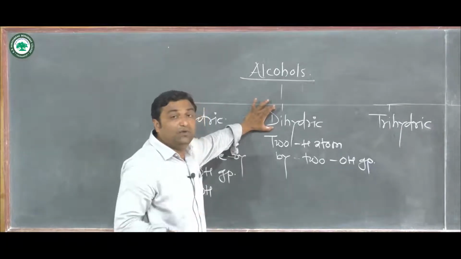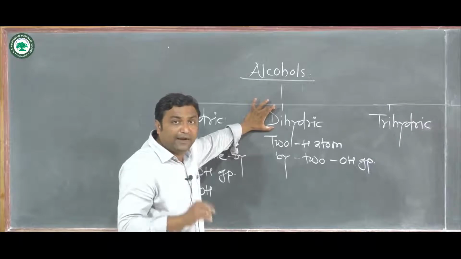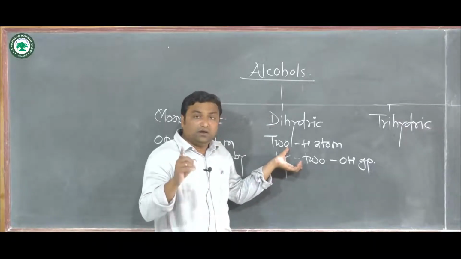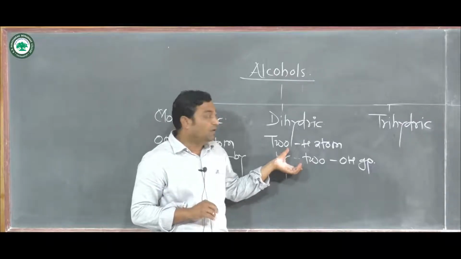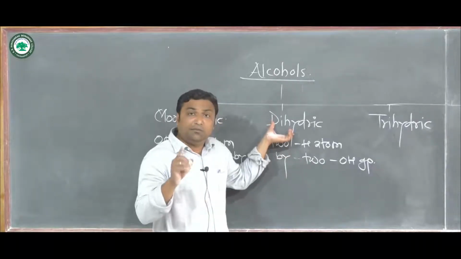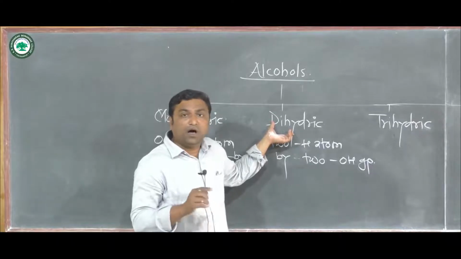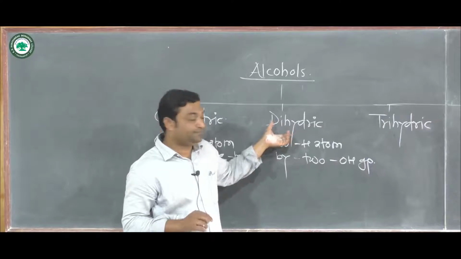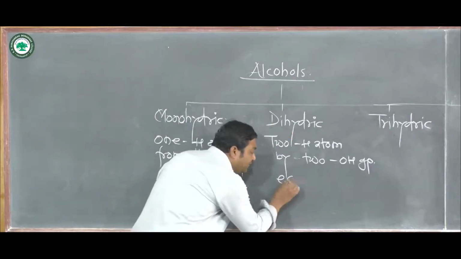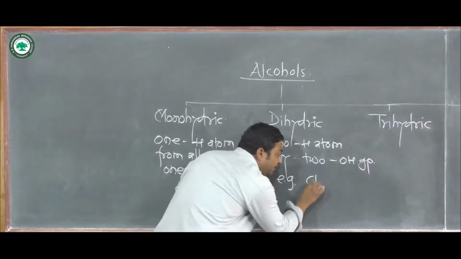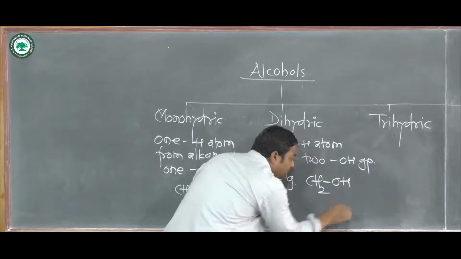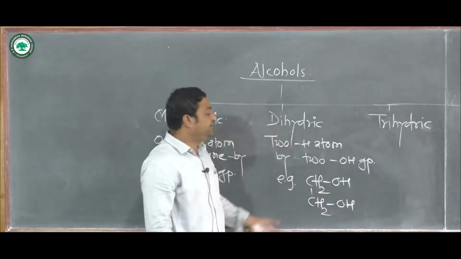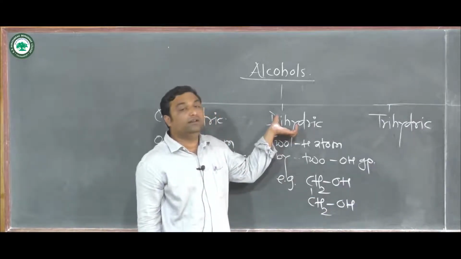The two hydrogen atoms which we replace from the alkane may be from the same carbon atom or from two different carbon atoms. The example of this is ethylene glycol, that is CH2OH, CH2OH. This is the example of dihydric alcohol.